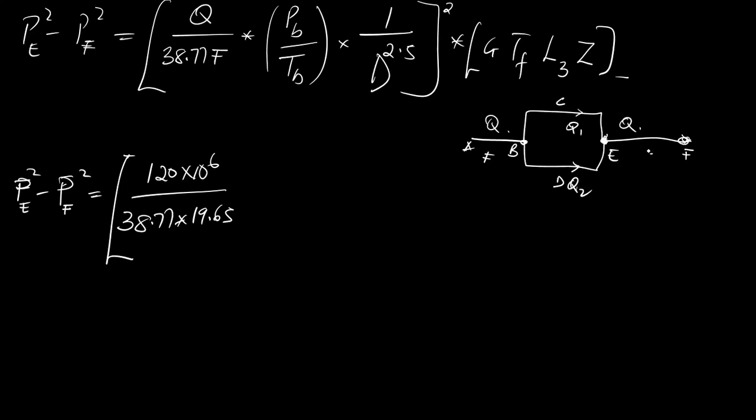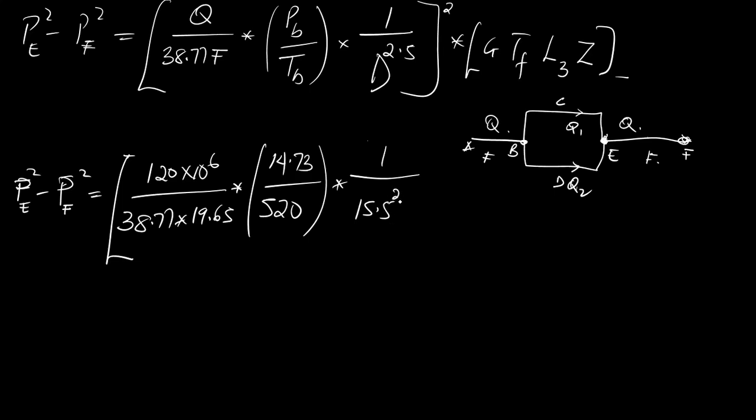Here is equal to here because the diameters are the same, times 14.73 with the base pressure divided by 520 times 1 all over 15.5 raised to power 2.5 times 0.6 times 520 times 18 miles times 0.9. The whole of this square.